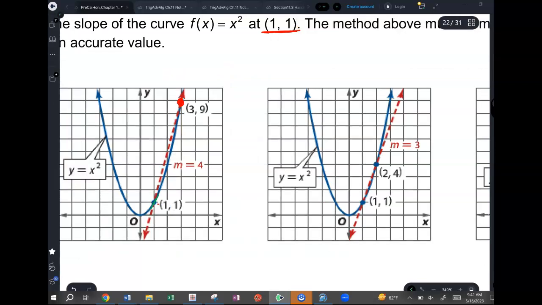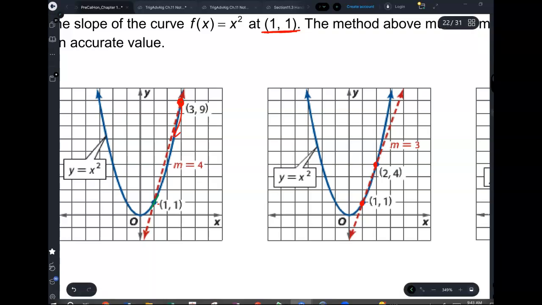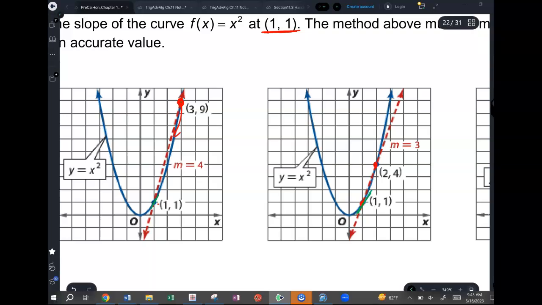So somebody's like, hey, why don't we move that second point closer to the first point? So now we take this and that. The real slope that we want is this one, right? And then you find the slope of that red line and you're like, okay, it's still not the same, but it looks like we're on the right track because it's getting better, right?